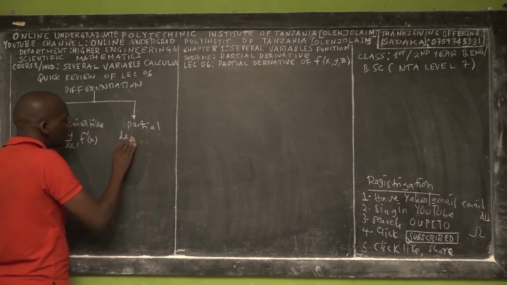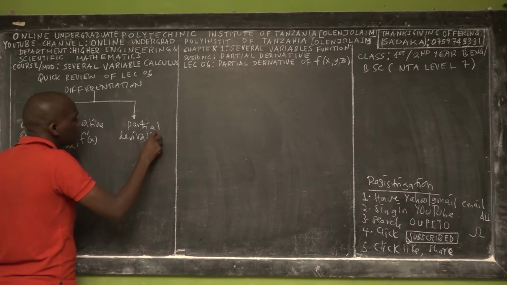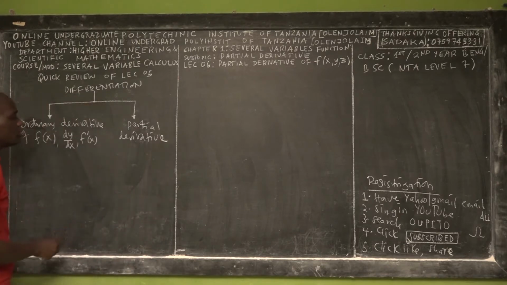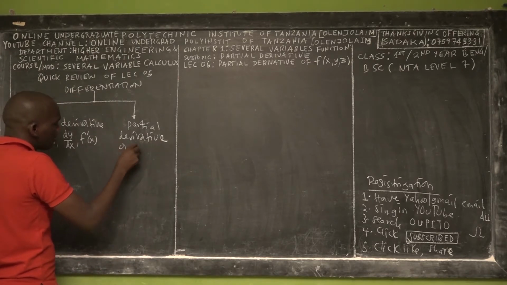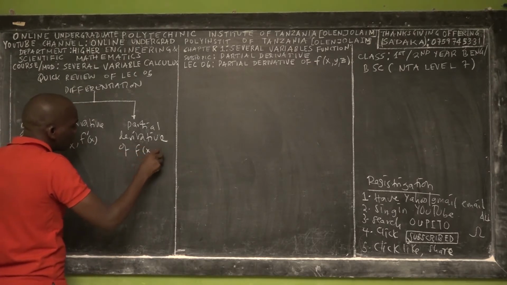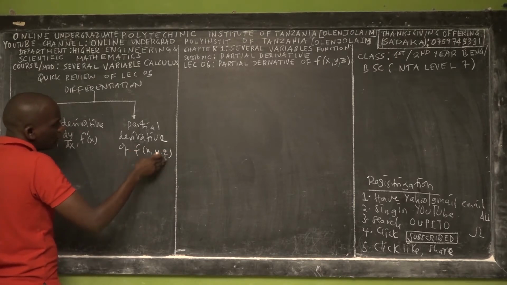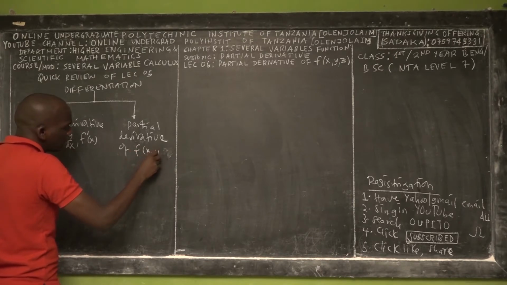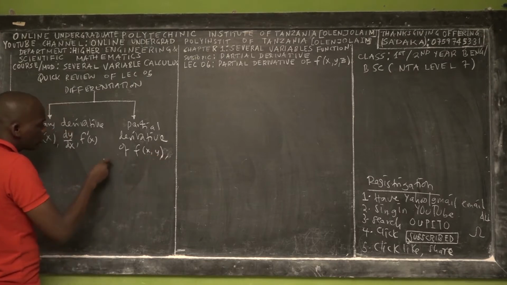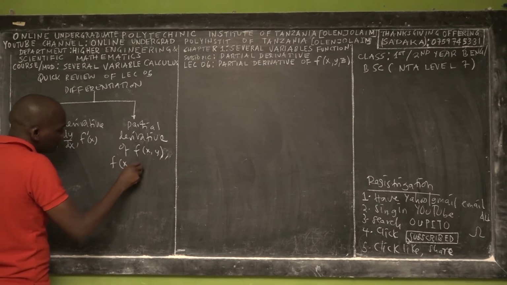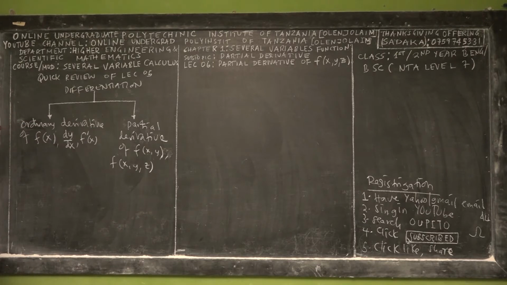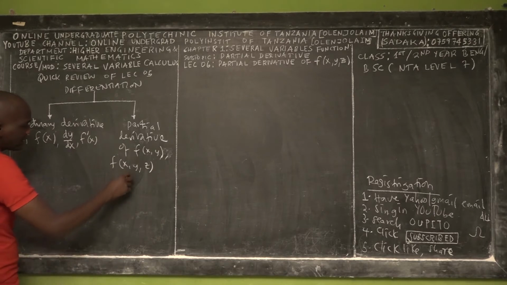The partial derivative is a technique we use to differentiate functions of two or three variables, like f(x, y, z), because we are doing three-dimensional cases. So we have partial derivatives of functions of two variables and of three variables.